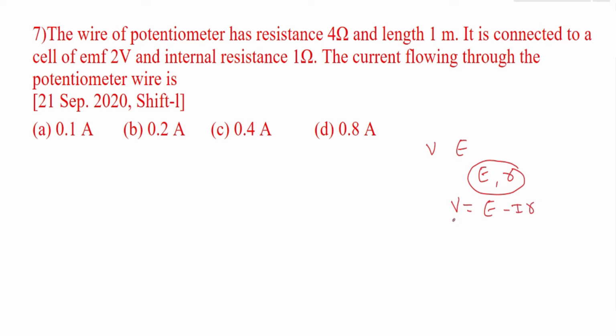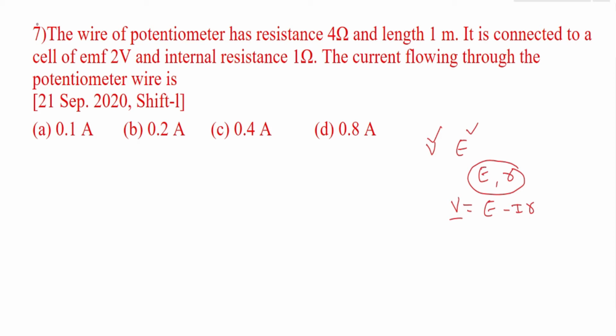Remember that EMF will be different from terminal potential, and the formula that connects these two is V is equal to E minus IR when the cell is discharging.